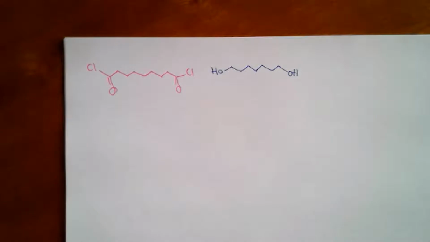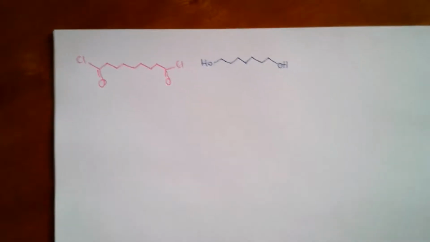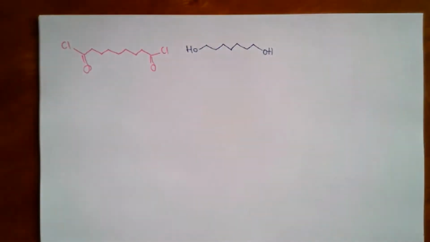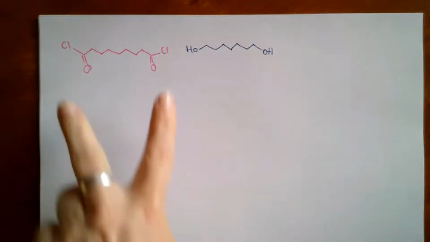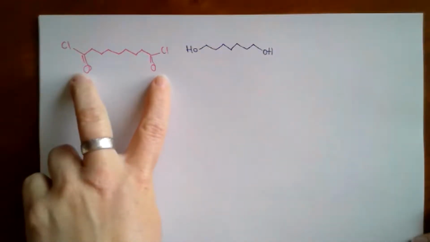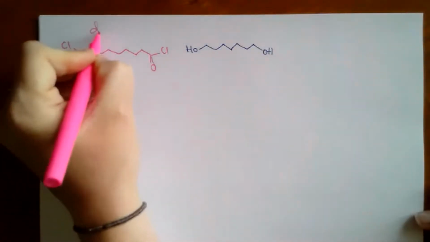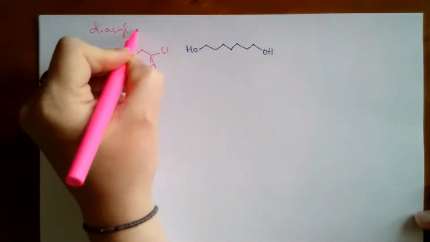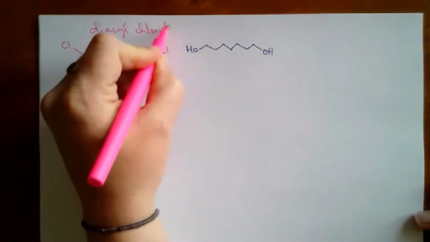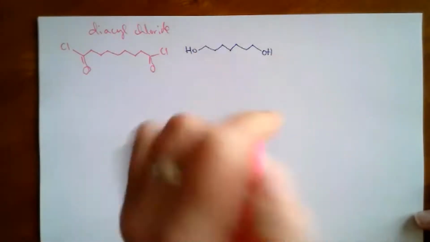So students sometimes think polymers are difficult and they don't understand, how do I know that a reaction is going to make a polymer as a product? Well, I have a diacid, a diacyl chloride, and a diol.